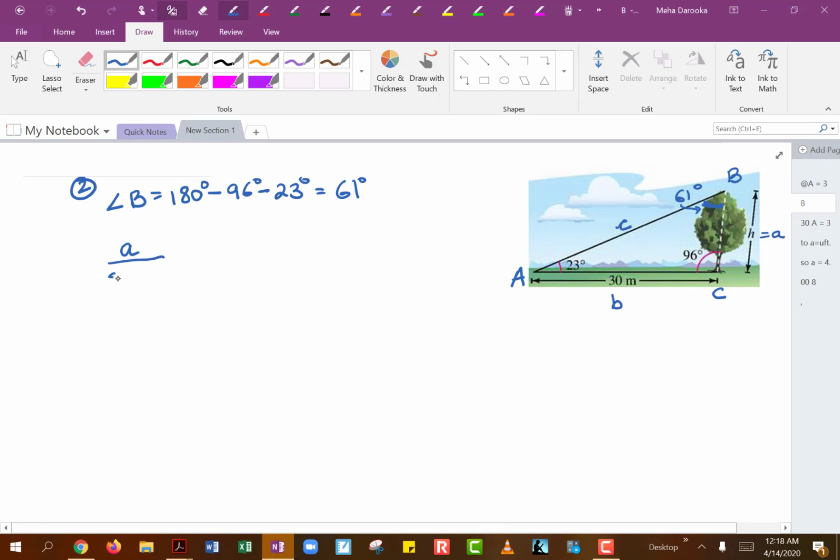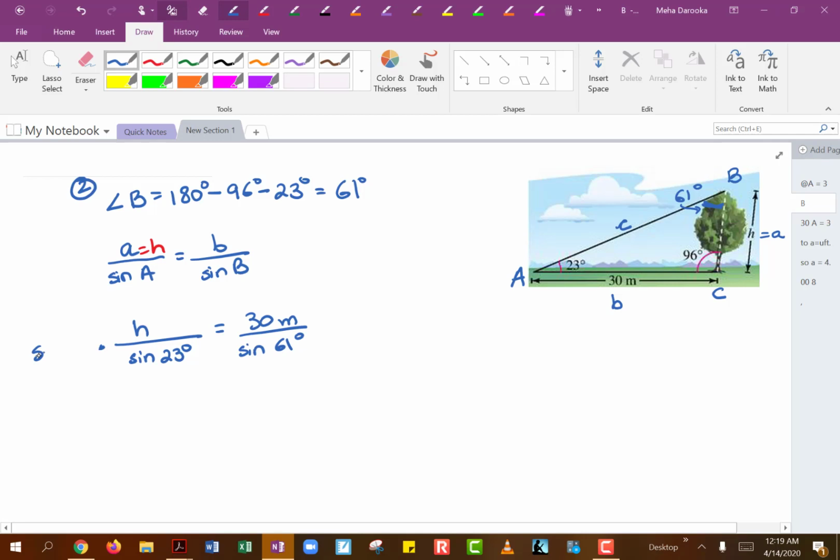So we can do A over sine of angle A equals B over sine of angle B. But remember, A is the same thing as H because that's the height of our tree. Angle A is 23 degrees. Side B is 30 meters. And of course, angle B will be 61 degrees.